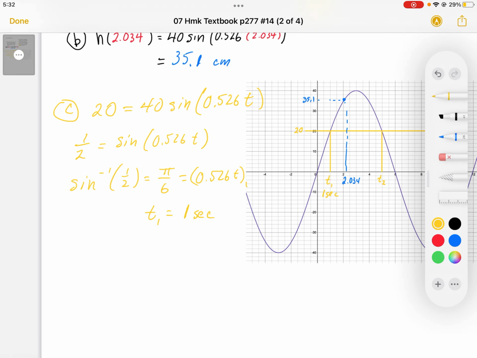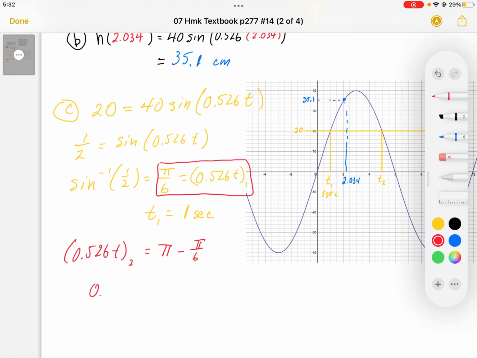Now, this issue of theta 2 we should address, because once we solve this equation here for theta 1, there is this issue of theta 2. So we can write it this way. So I have 0.526t as theta 2 is going to be equal to, for sine, pi minus theta 1.